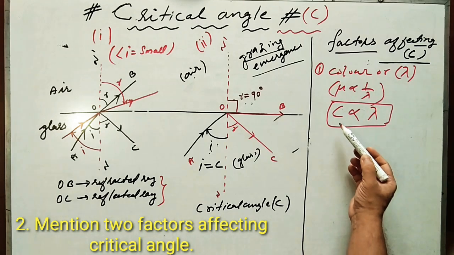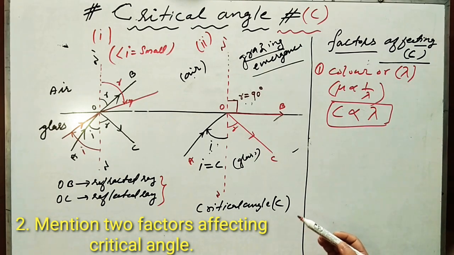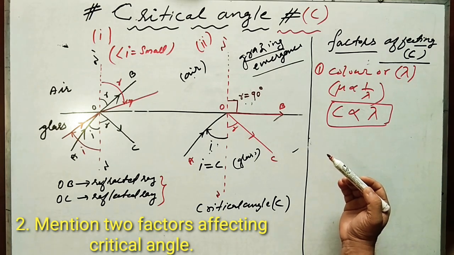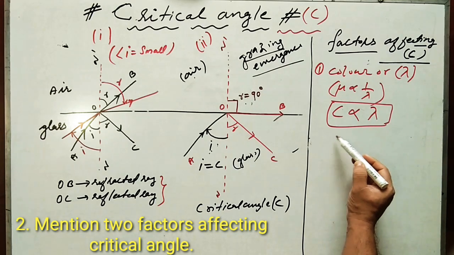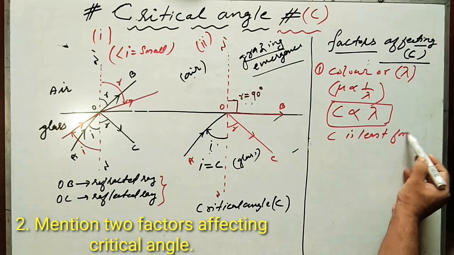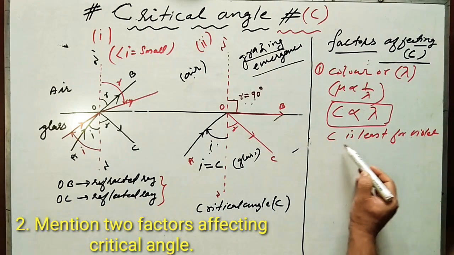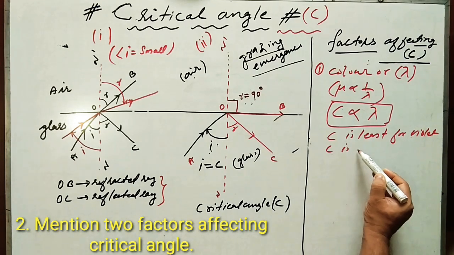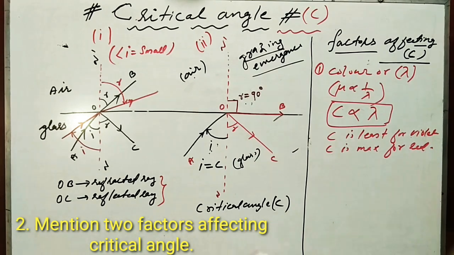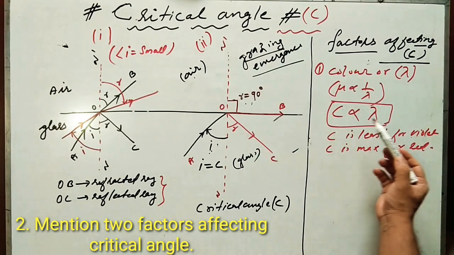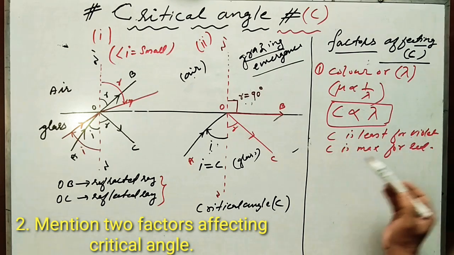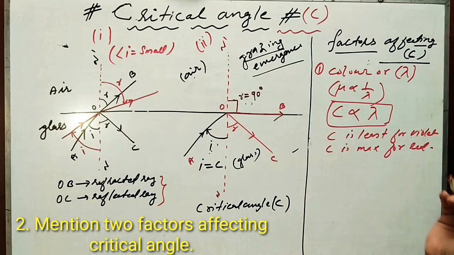So critical angle C is least for violet and C is maximum for red. Please remember, critical angle is directly proportional to wavelength, such that critical angle is least for violet and maximum for red.